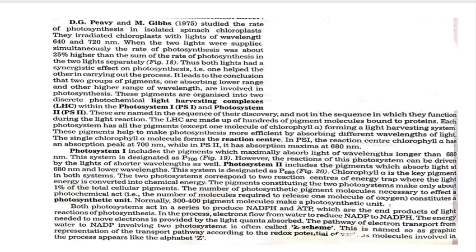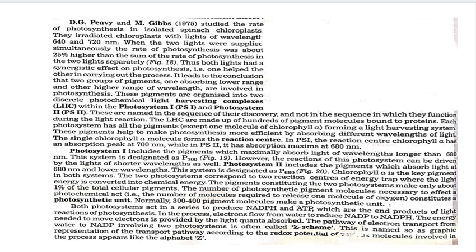Like if first you gave 640 nm and noted down the rate of photosynthesis, then you gave the light of 720 nm and noted down the rate of photosynthesis, and you added the increase in both, then also when the two lights were supplied simultaneously, the rate of photosynthesis was about 25% higher.